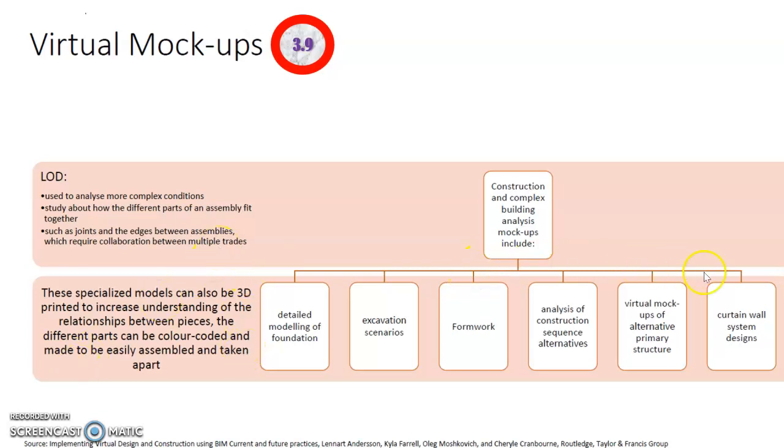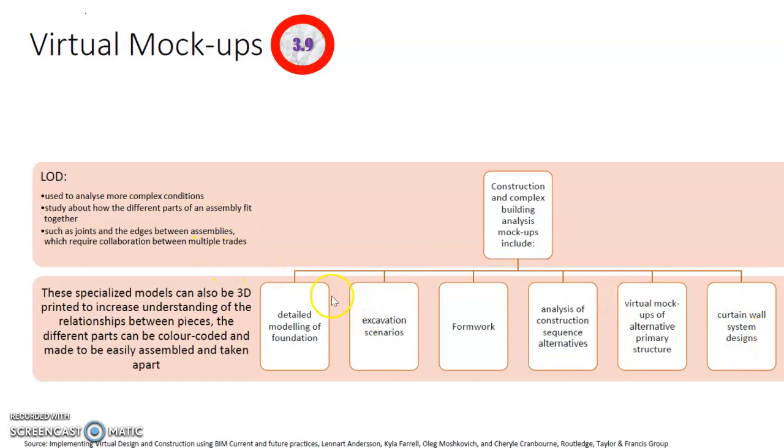You can see here some examples of the mockups that are needed. For example, detailed modeling of some unusual foundation components, the excavation scenarios, some unusual formwork, analysis of construction sequence alternatives, virtual mockups of alternative primary structures, or the curtain wall system design.